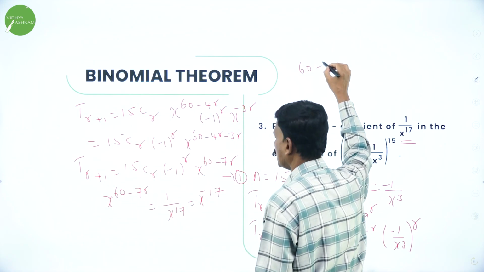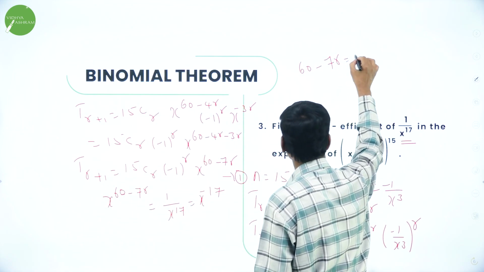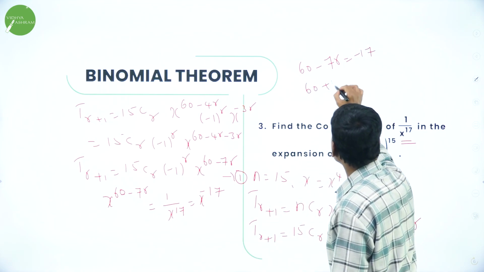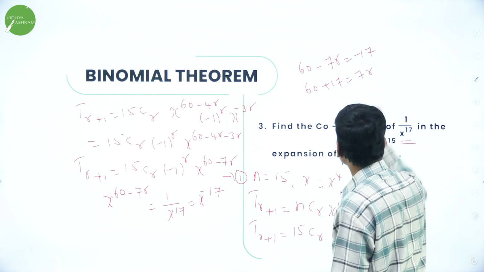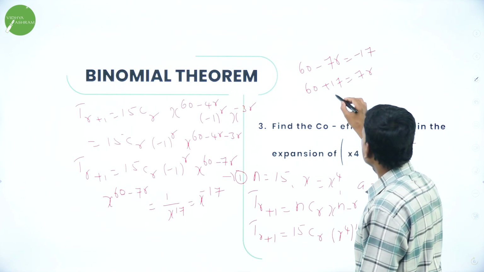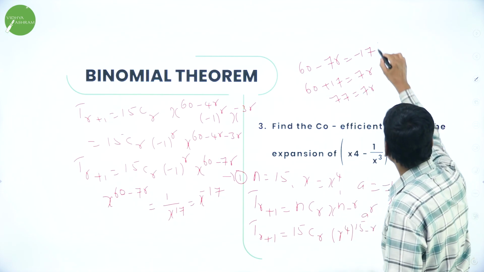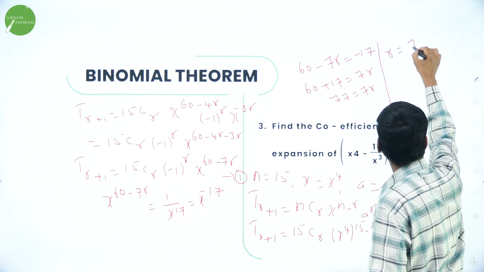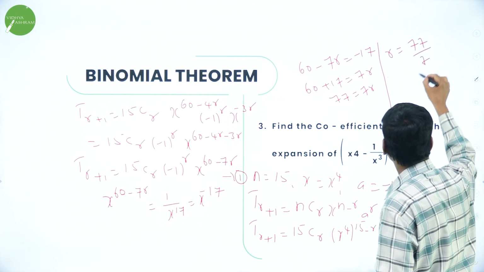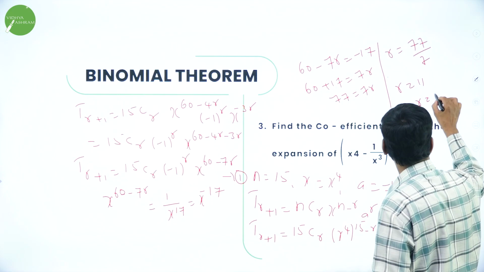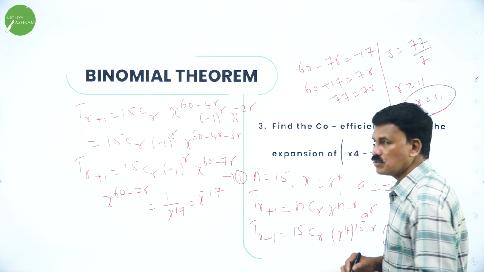So 60 minus 7r is equal to minus 17. Transfer this side. 60 plus 17 is equal to plus 7r. 60 plus 17, that is 77. 77 is equal to 7r. Therefore, what is the value of r? So r is equal to 77 divided by 7. So therefore r is equal to 11. 11 7s are 77. r is equal to 11.